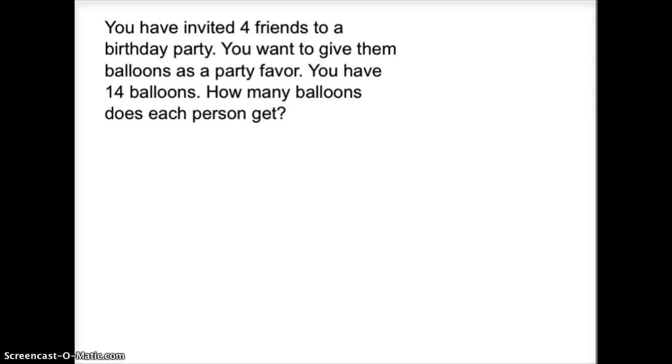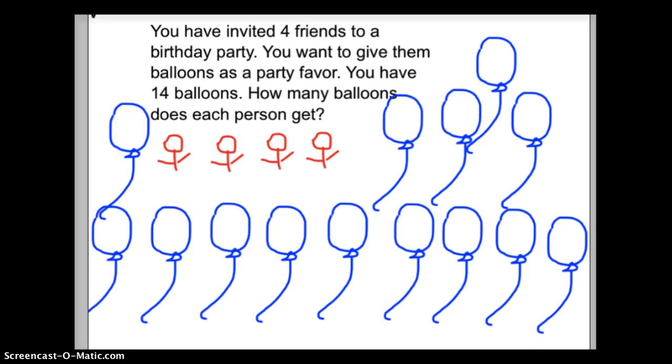Let me go ahead and do that. Now that everything is drawn, you would want to go ahead and number the first person, second person, third person, fourth person. And then we go through the balloons. Let me change the color of my pen. You go through the balloons and number them the same way.